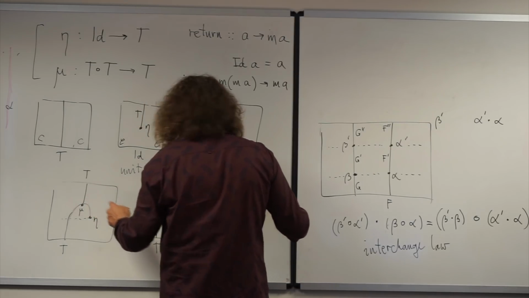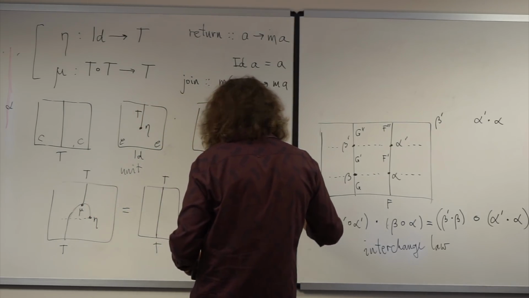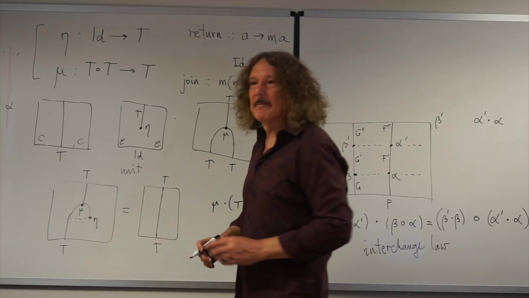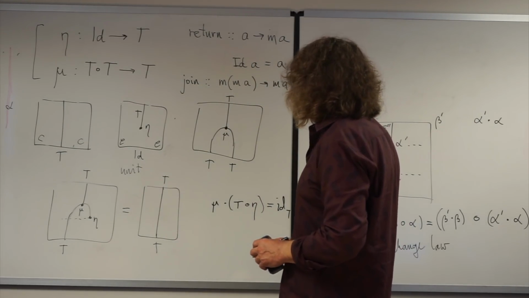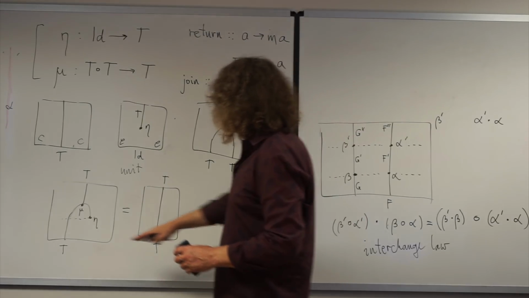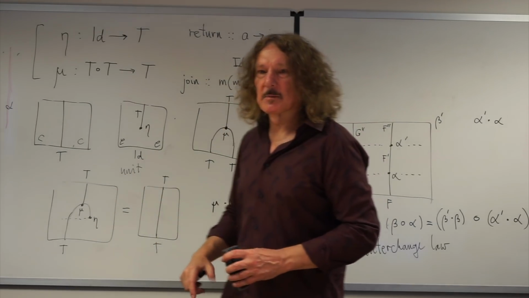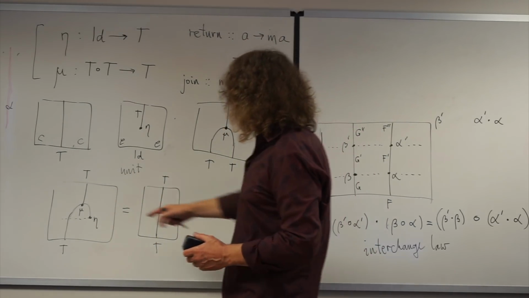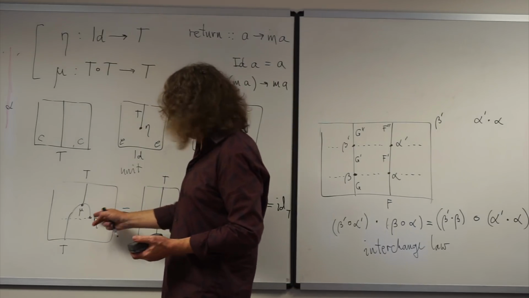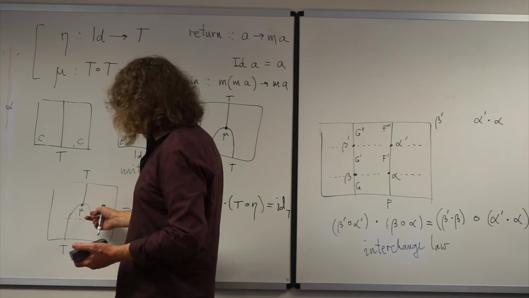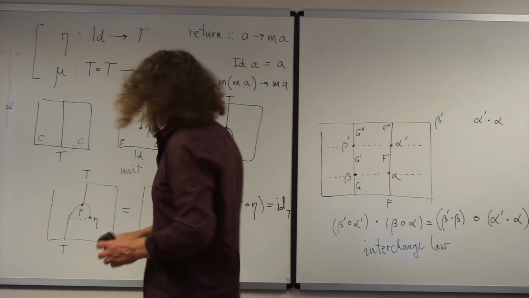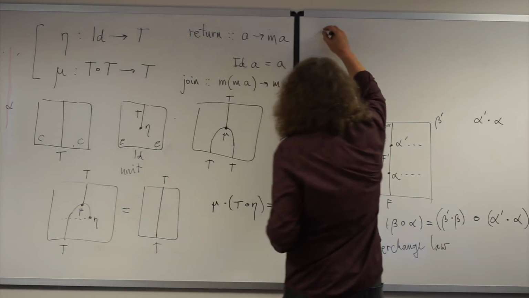And this should be equal to t, right? So this natural transformation is equal to this natural transformation. So that's the right unit law. Now you see why it's right, because unit is on the right. There is a left unit law in which eta is on the left.